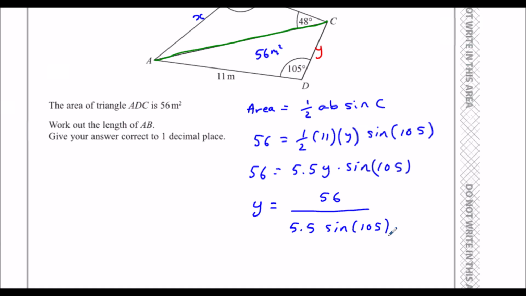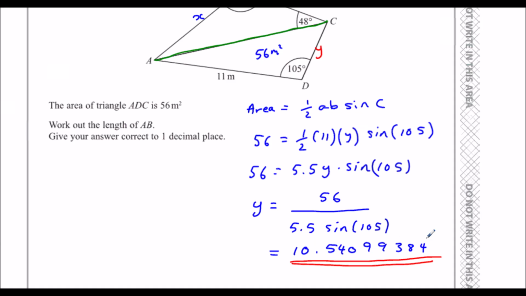So Y is 56 over 5.5 sine 105. So 56 in the calculator over 5.5 sine 105. And that gives me 10.54099384 and so on. So this is Y. That's our Y. I'm going to store it in the calculator.